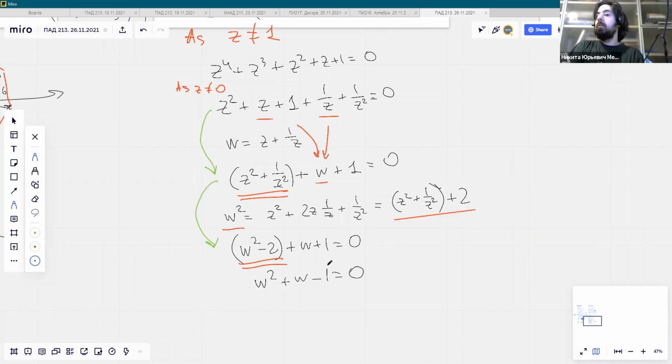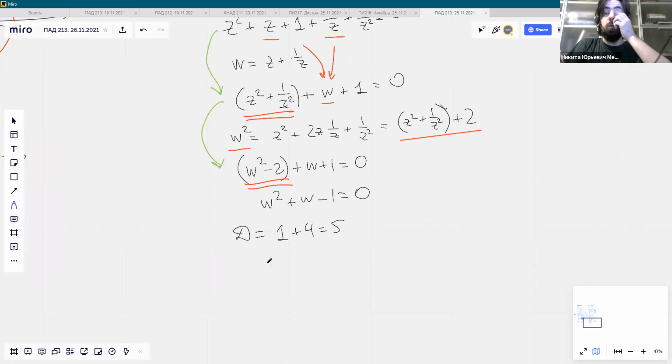So now I get a quadratic equation. I can write the discriminant. And I can write w equals -1 plus minus square root of 5 over 2. And that's it. I have found my cosine, almost.